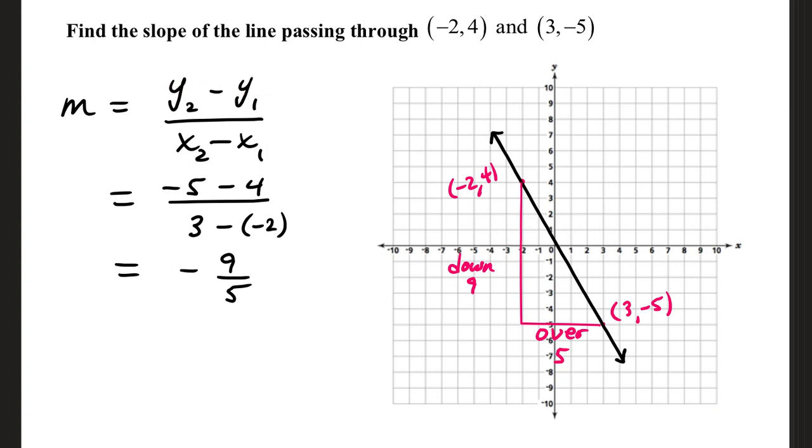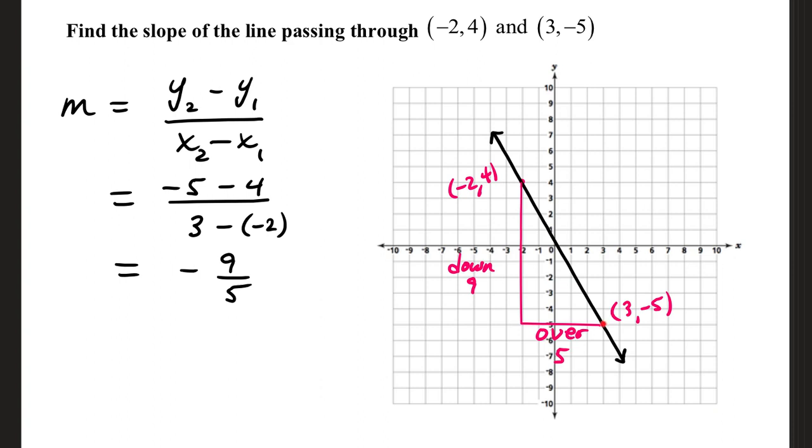To get from 4 to -5, the distance between those two numbers we know is 9 units. -5 minus 4 is the distance between -5 and 4. Remember, subtract finds the distance between two numbers.